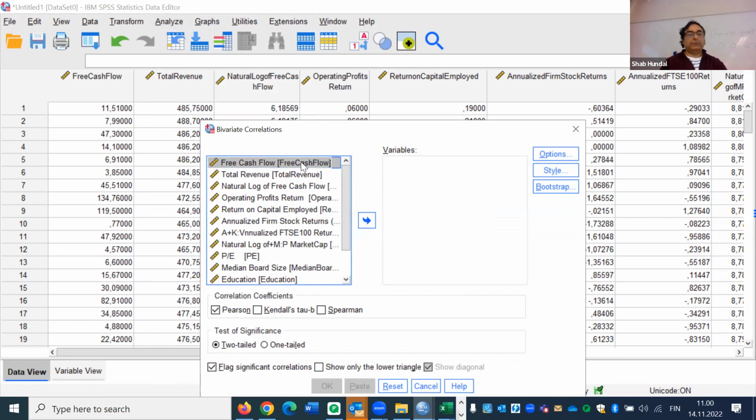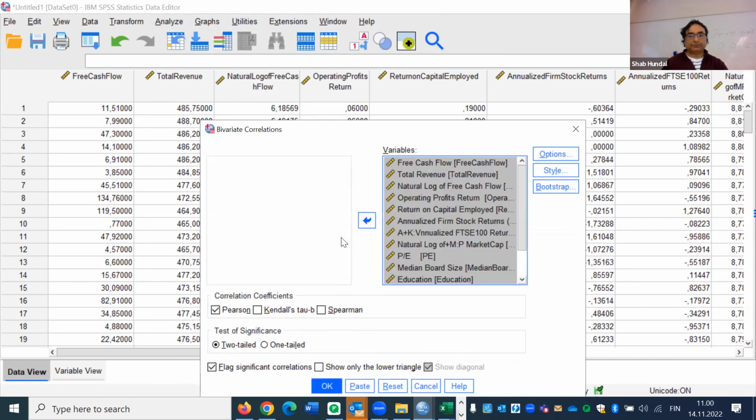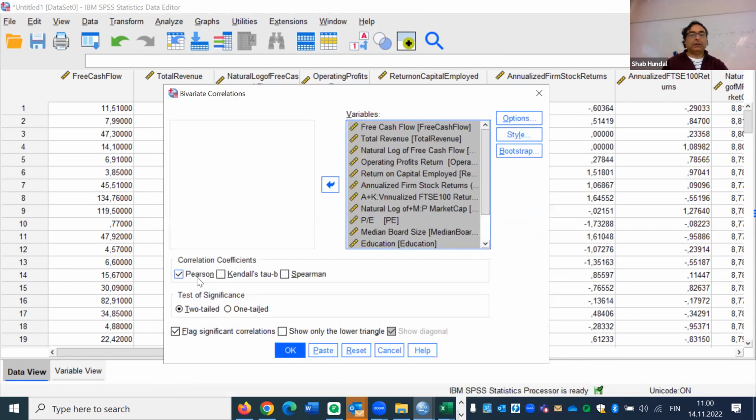And once again, we have a dugout and we have the variables, right? So with the shift key, we can select all of them and move them here. By default, the correlation is clicked as Pearson. Pearson is Karl Pearson, who gave the most famous formula of correlation.